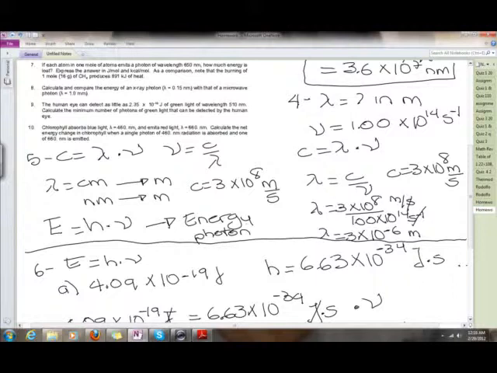To do this, you have to calculate the energy per photon, right? And then you multiply by Avogadro's number, because it's the number of atoms, or the number of photons, you get in 1 mole of atoms.